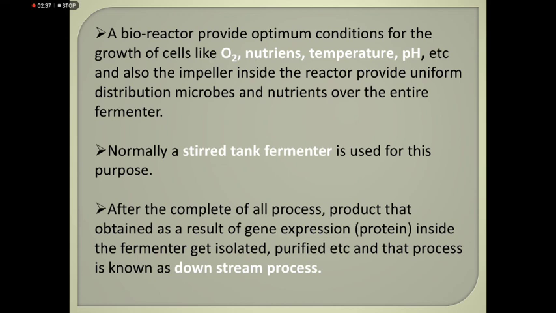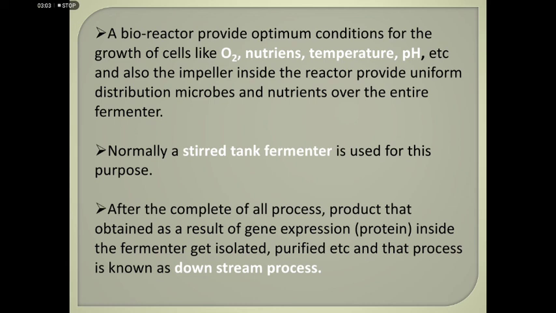For example, in the case of insulin, the insulin that is now available in our market is produced through these procedures. The expressed protein inside the fermenter gets isolated, purified, etc. and that process is known as downstream processing.